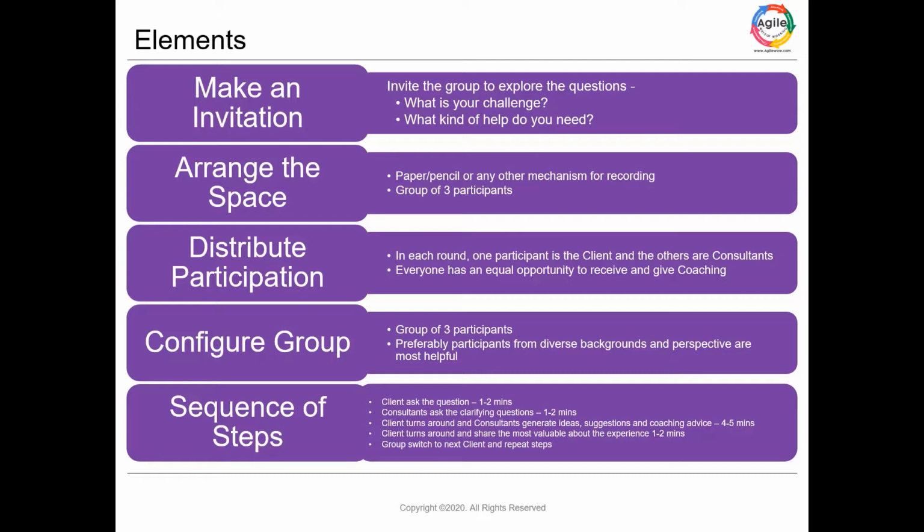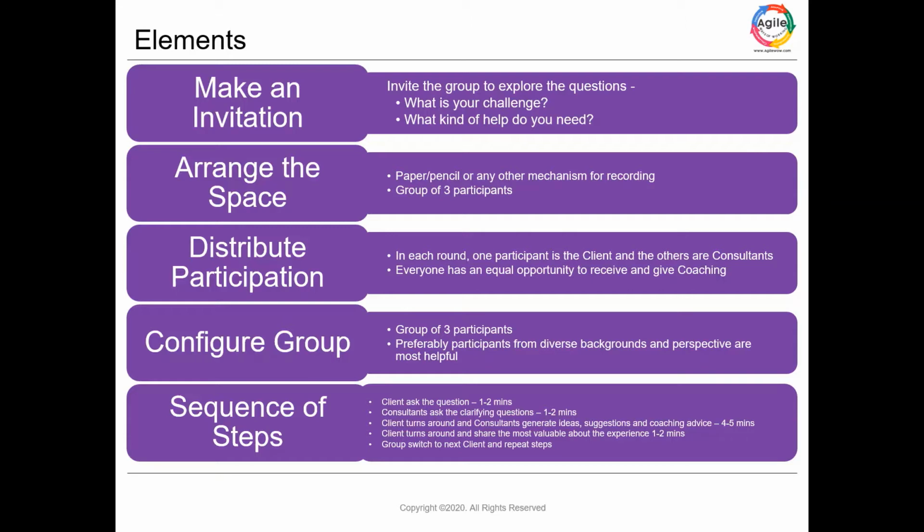They need paper and pencil or any other mechanism for recording their findings. In a group of 3, one will start playing the role of customer, and the other 2 will be the consultants. Once the first round is over, they switch roles so that everyone gets an opportunity to play both roles, consultant as well as customer.